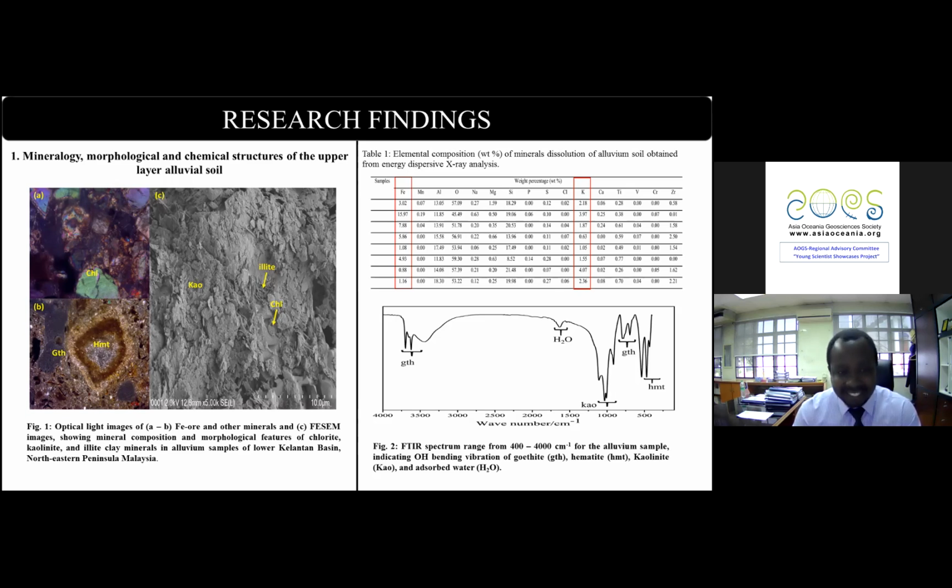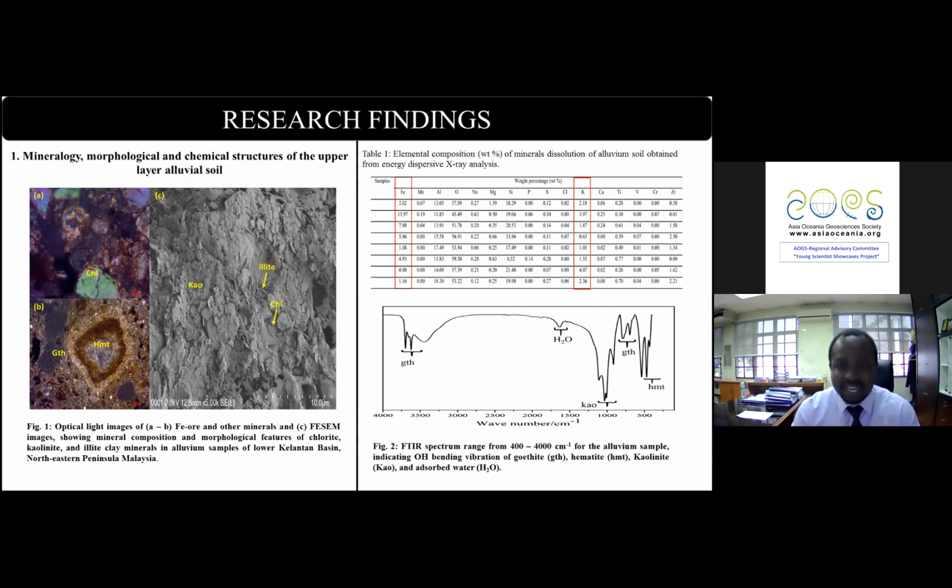Generally, clays are very sensitive to fluid chemistry, and clays are having high cation exchange capacity. Most likely, the iron ores are sorbed onto these clays, probably on the surface of chlorite, because kaolinite has low cation exchange capacity.